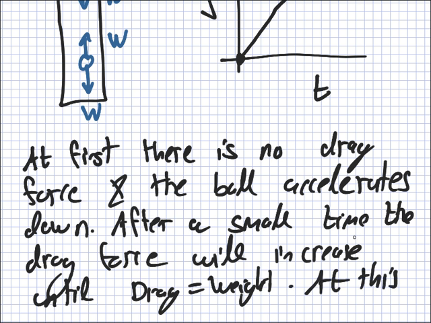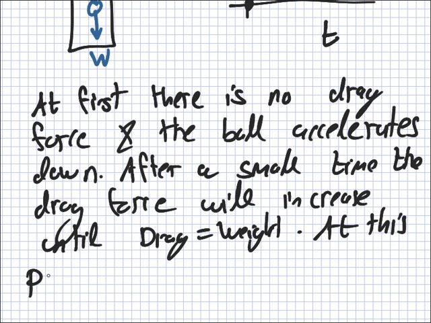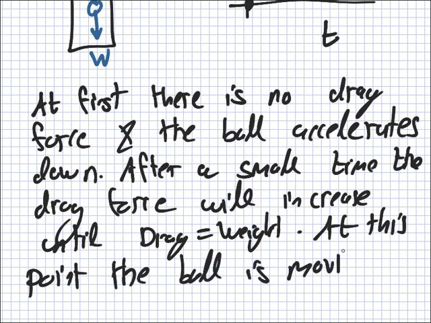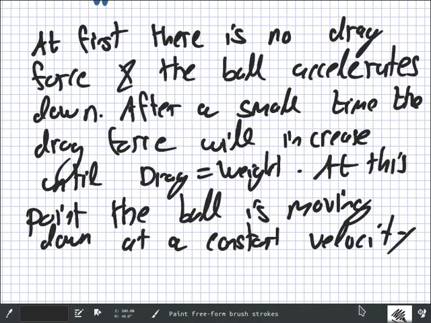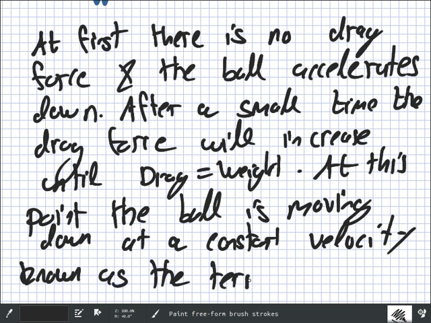At this point, the ball is moving down at a constant velocity known as the terminal velocity.